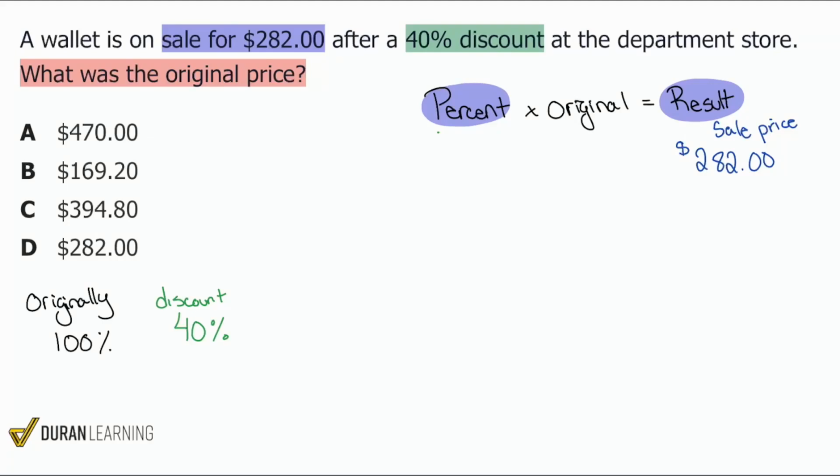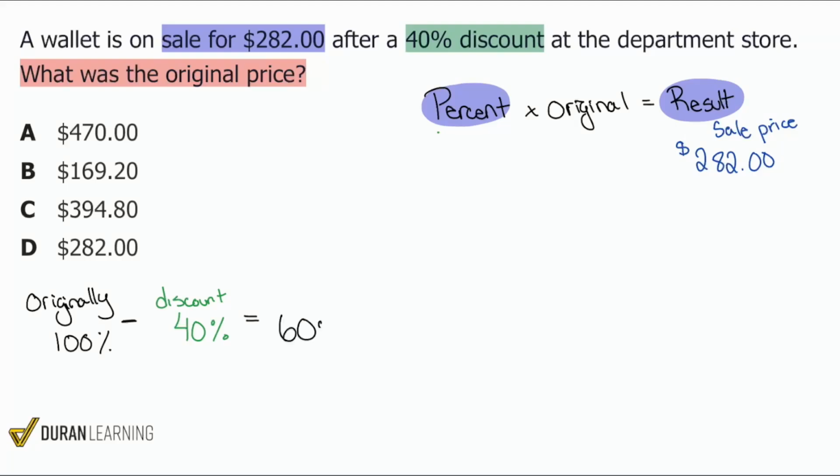Then, everybody, when we apply a discount, what operation are we performing onto that original amount? When we take a discount, we are subtracting. When we are discounting or applying a coupon or saving money, we are subtracting. And so when we subtract, everybody, what's 100% minus 40%?